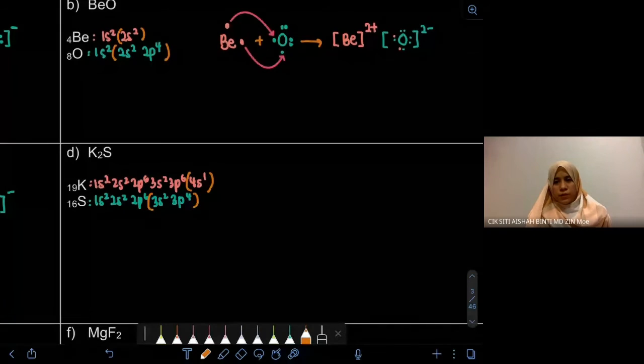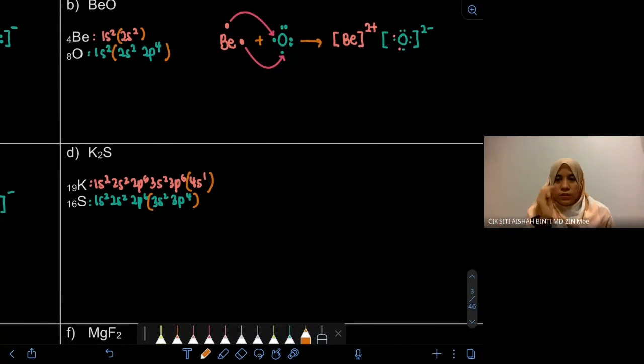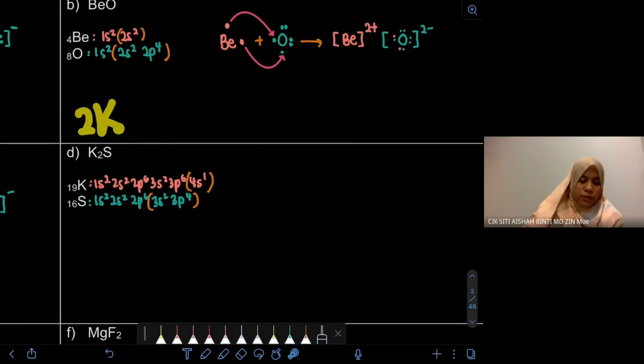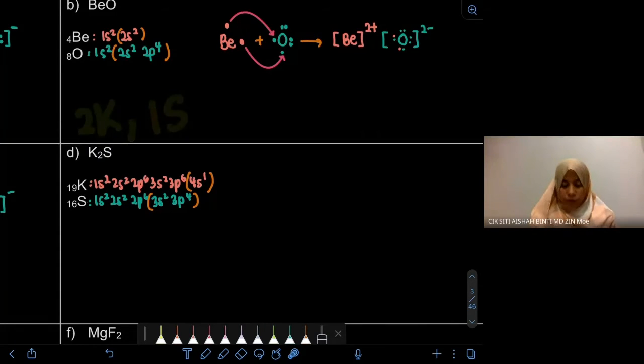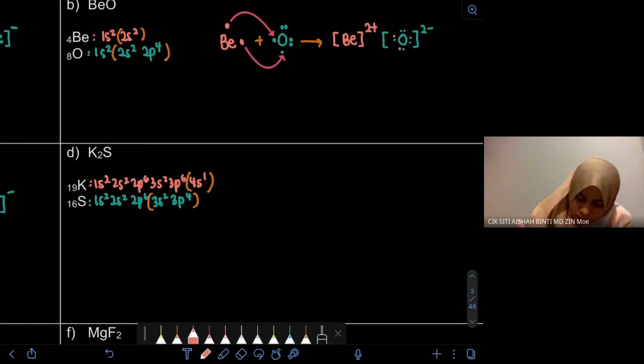Okay, next what we're gonna do is actually we're gonna draw kita punya Lewis dot symbol. Okay, dalam case ni kita tengok pula the K2S. So it means that we have 2 of our potassium, 1 of our sulfur. Okay, so bila kita draw awal-awal ni, kita draw lah 2 of our potassium ni. K1, K2.